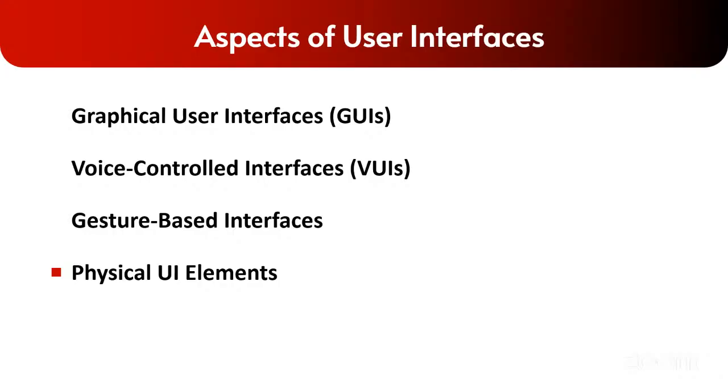Others are sliders. You slide the button to either change channel or to maybe increase the volume up and down. We have touch screens, like our current smart devices, as well as both. This can be on hardware, like coffee machines, or on smart appliances, even down to our fridges these days. All right, so these are physical UI elements or physical user interface elements.